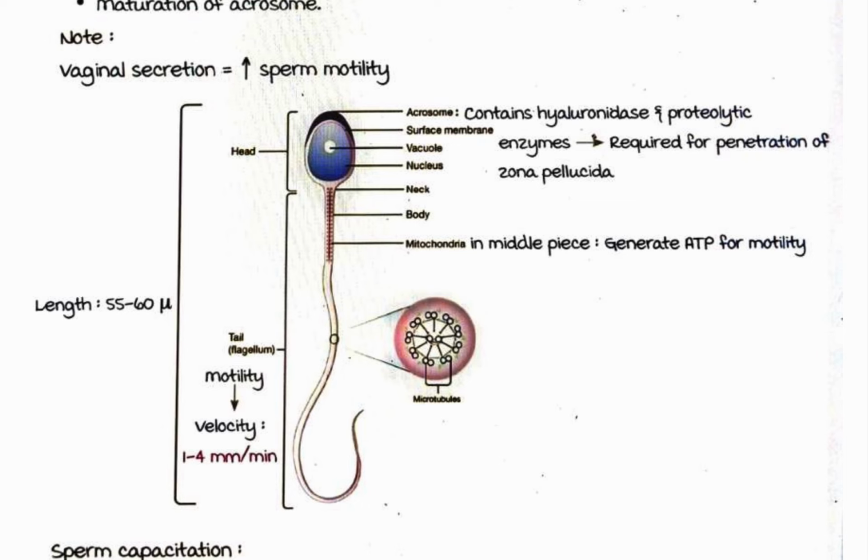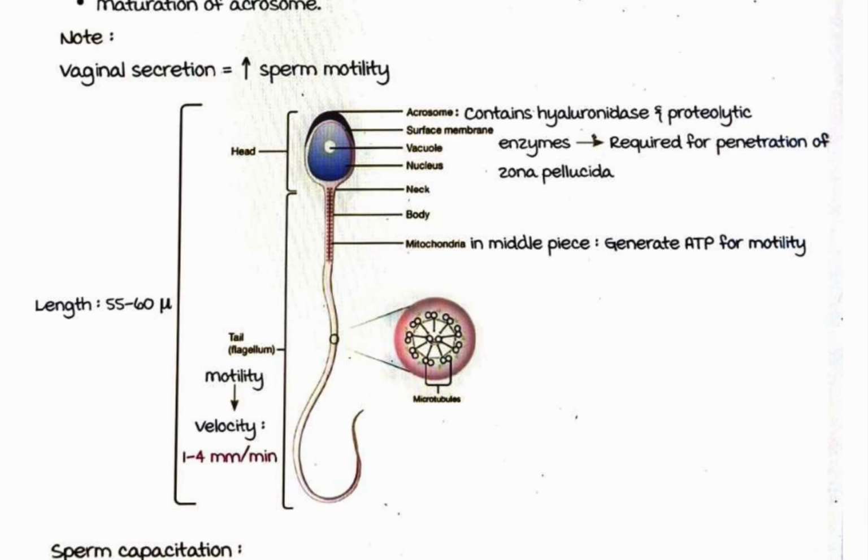Length of a sperm is 55 to 60 micron. Head and tail. Tail velocity 1 to 4 mm per minute. These are the microtubules in the tail, which is called the flagellum. The acrosome contains hyaluronidase and proteolytic enzymes required for penetration of the zona pellucida.